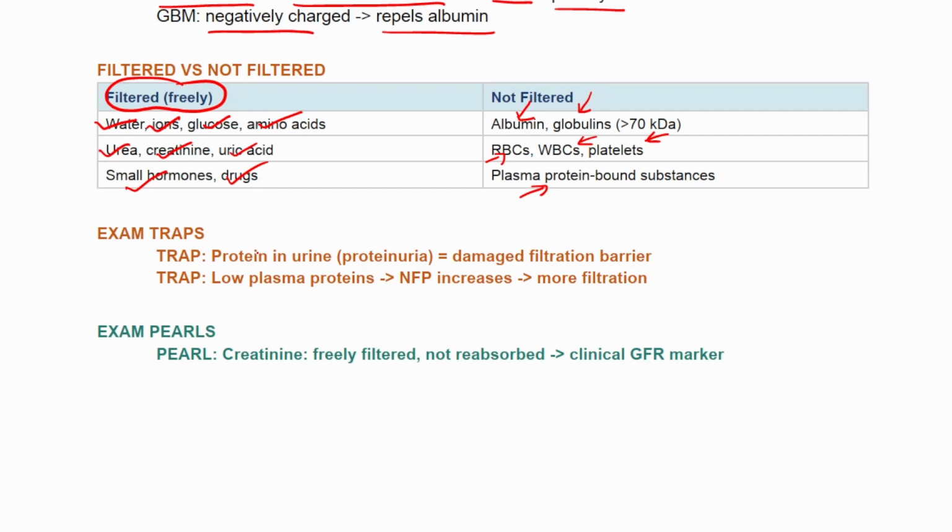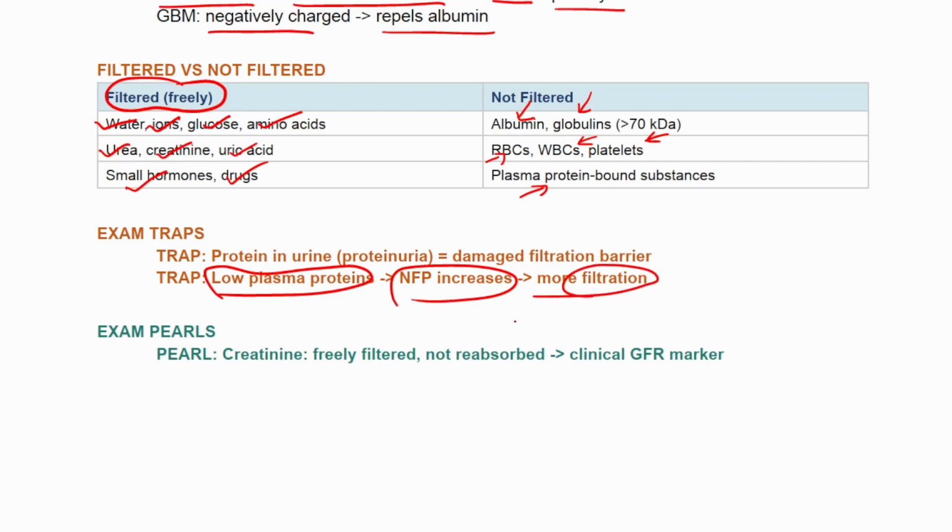The examiner will ask you how this affects filtration. You must recognize that low plasma proteins mean a drop in the plasma oncotic pressure, which significantly reduces the opposing force. Consequently, the overall net filtration pressure increases, causing a paradoxical increase in the initial filtration rate.